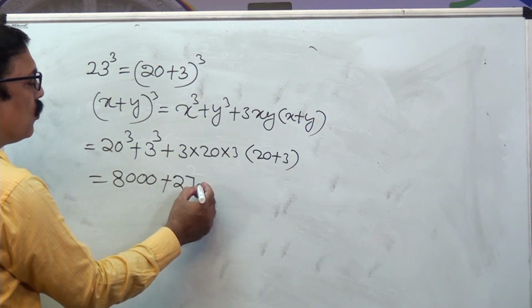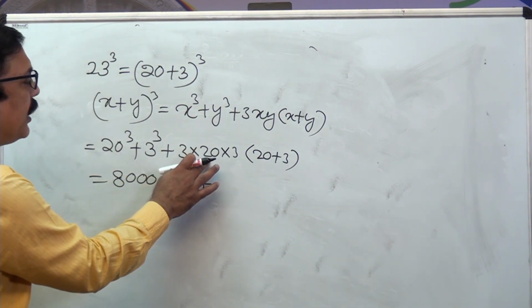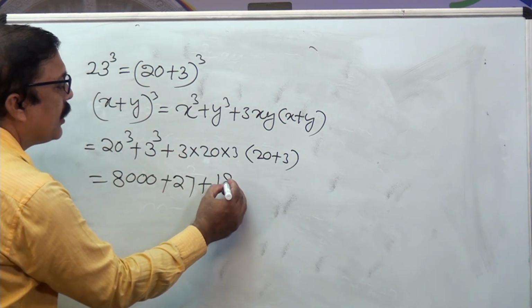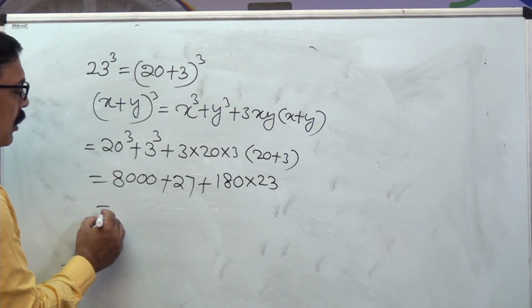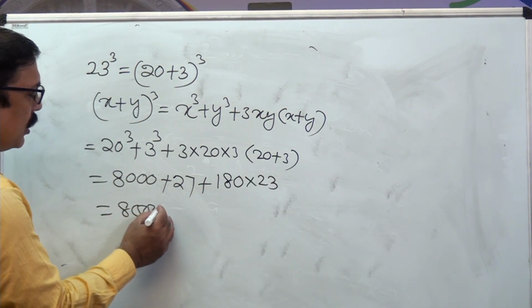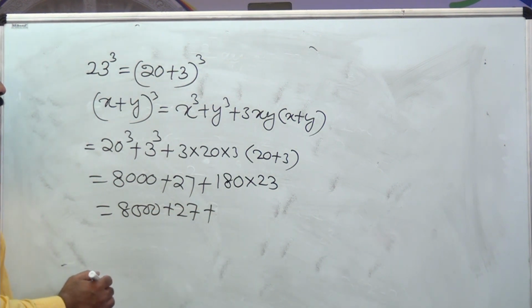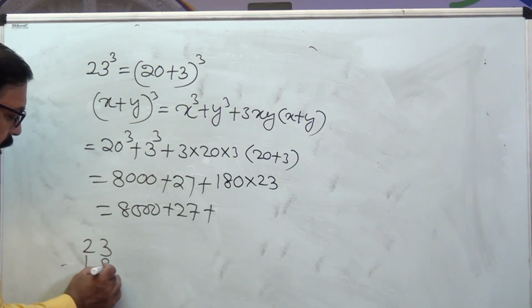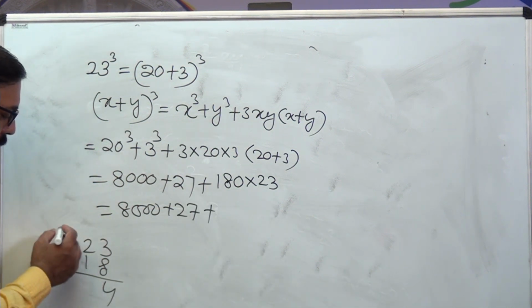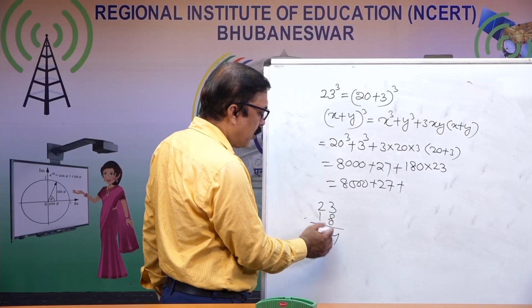9 into 20 is 180, into 23. That is 8,000 plus 27 plus this, which gives 4140. Then 18 into 3 gives 54.